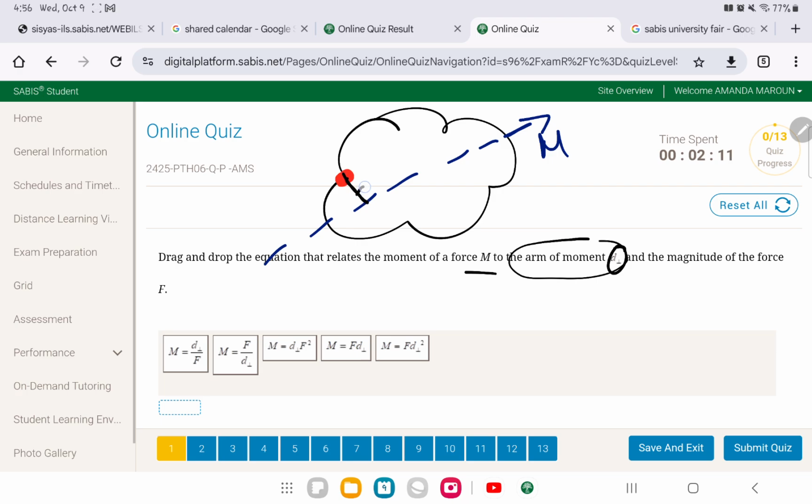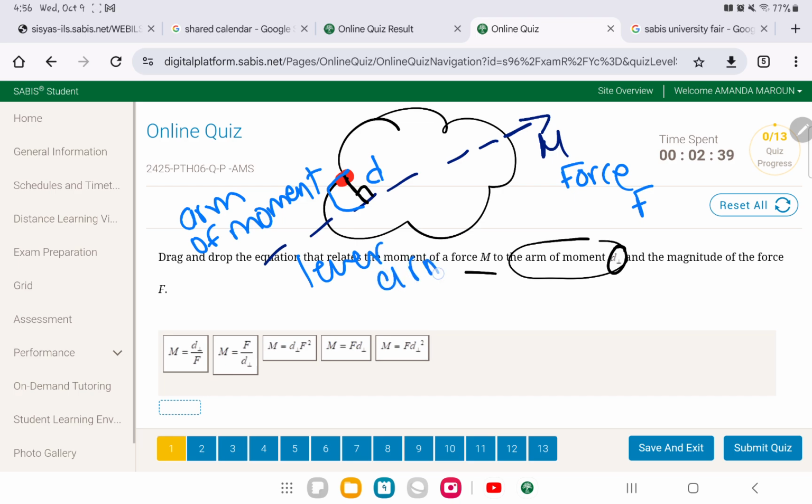So this is what it's going to look like. This is our force. We will call it force F, or force M, whatever you want. This is our distance. Another word for this is arm of moment or lever arm.